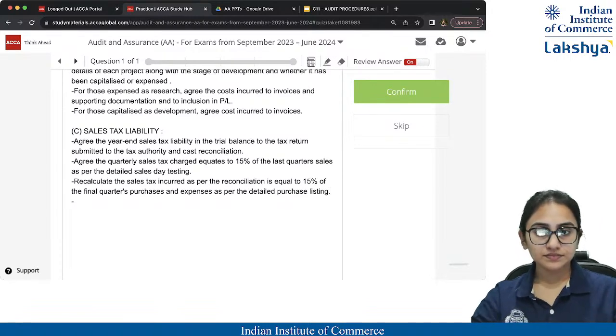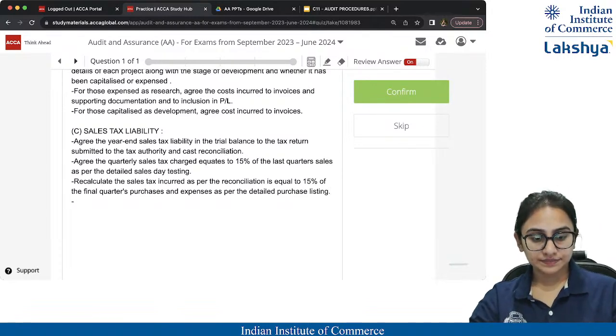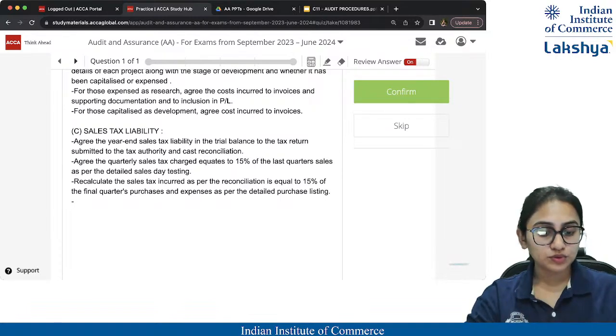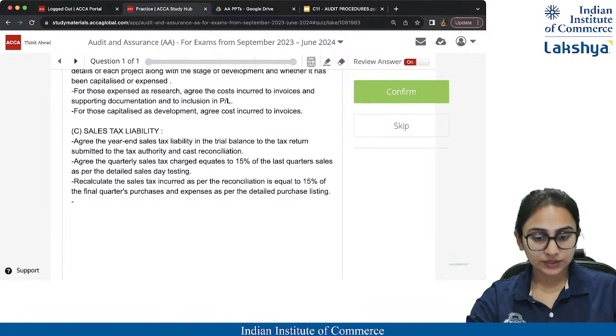Okay, then next, what is the amount payable to the tax authority? Sales tax charged less how much is incurred. So agree to that also.